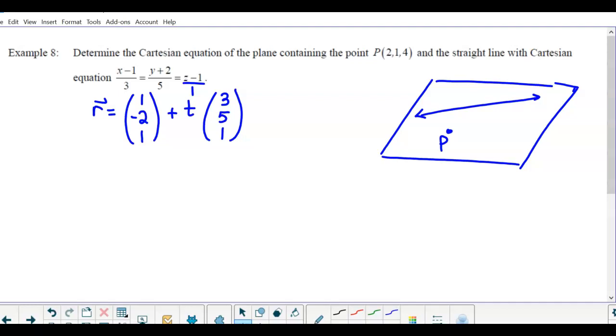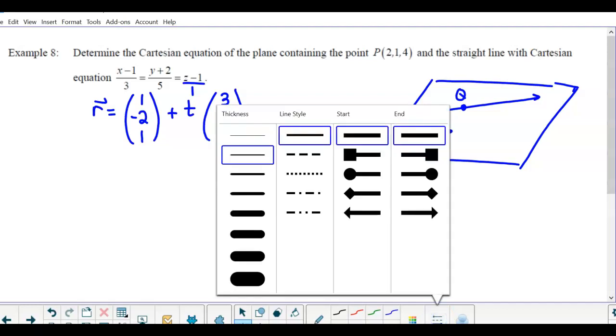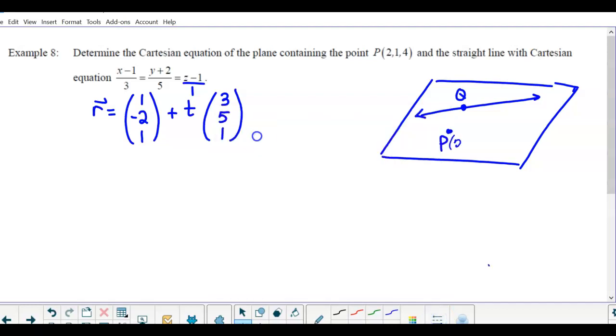So that means you have a point here, let's say that's your P. So P is 2, 1, 4. This point Q could be 1, -2, 1. And then you've got your direction vector of 3, 5, 1.